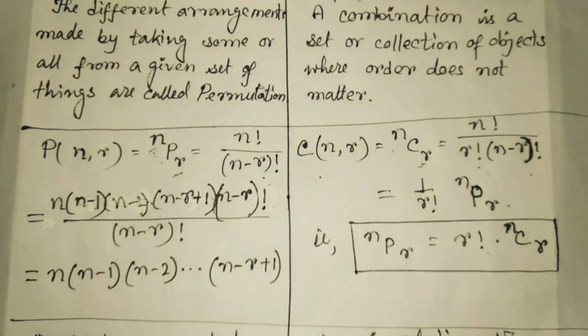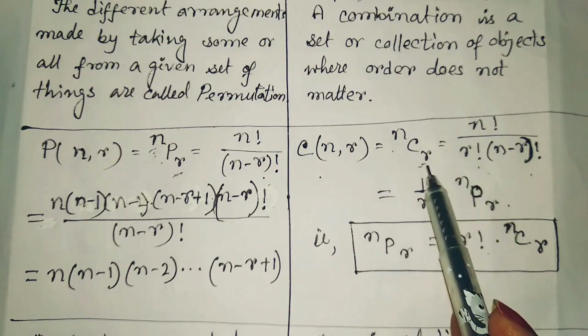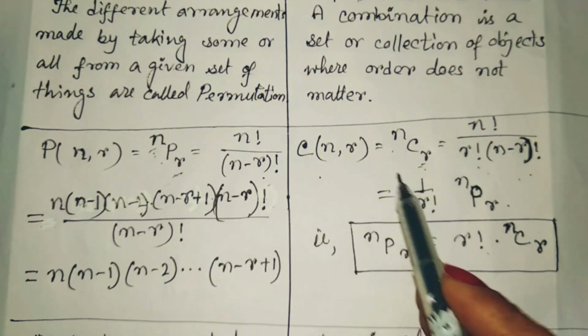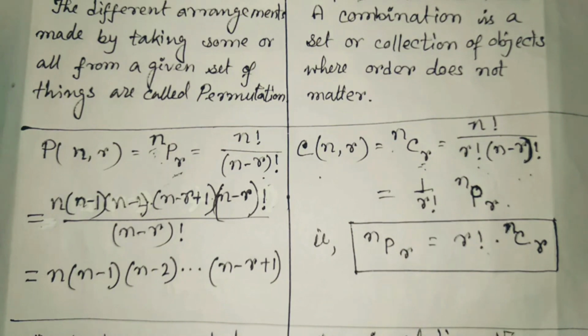So for example, to understand permutation and combination and their differences, suppose there is a queue and in that queue a total of 10 students are there. Among these 10 students, if we want to choose any 3 students, then there are nCr possible ways, because out of n we are supposed to select any 3.